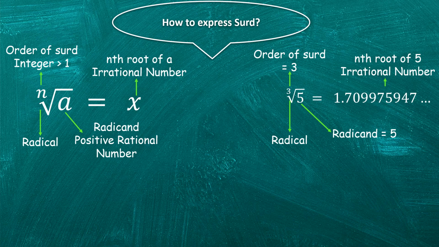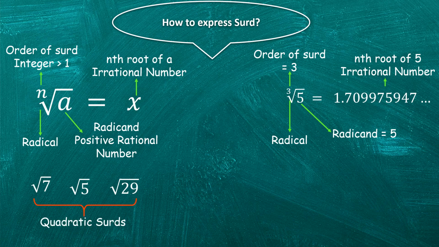In this video we are going to learn the surds of order 2, that is root 7, root 5, root 29. These are all surds of order 2.